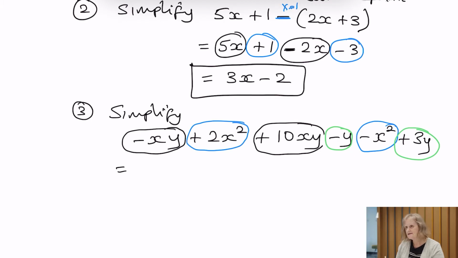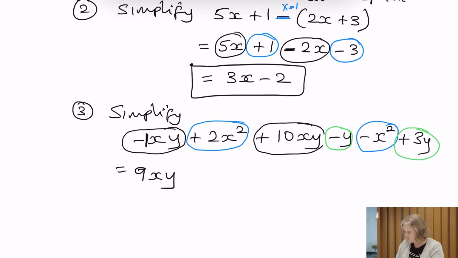So this is something we recognize must be a 1 here. So it's negative, which means it's -1xy.